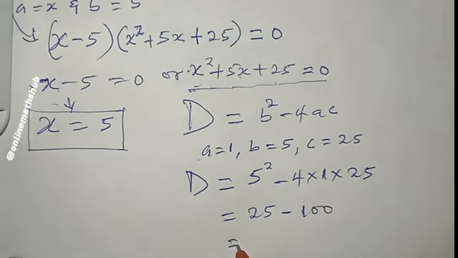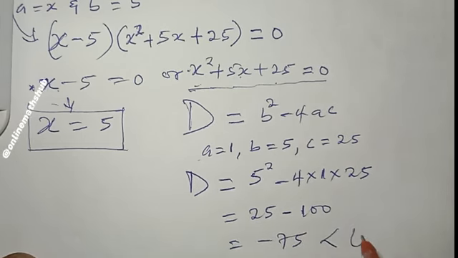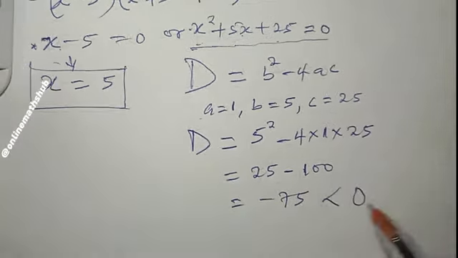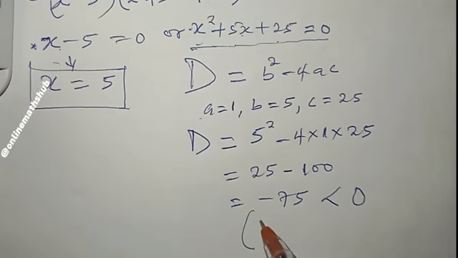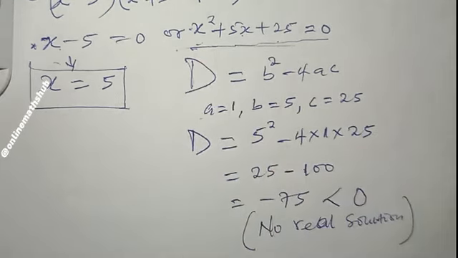When you subtract, this is negative 75, and you can see that it is strictly less than 0, which tells us that there is no real solution to this quadratic equation right here.